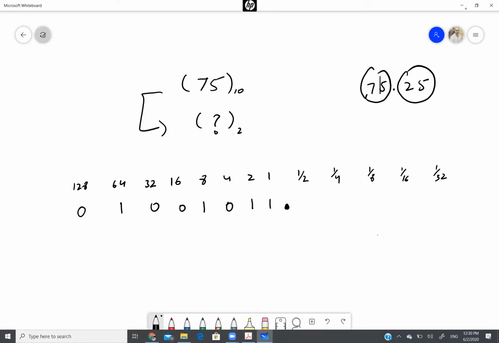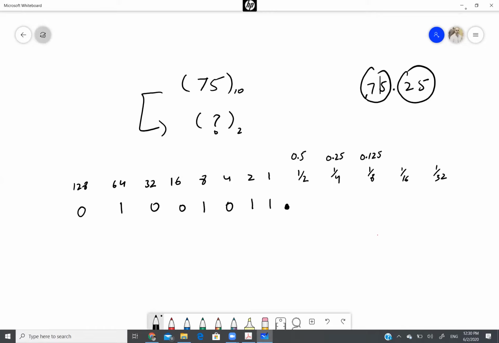In our syllabus in A2, we have to remember powers up to 1 upon 32. 1 upon 2 is 0.5. You know that. This is 0.25. This will be 0.125.